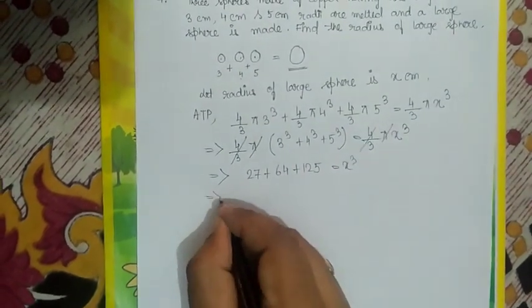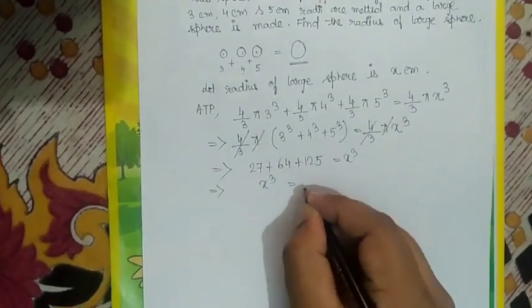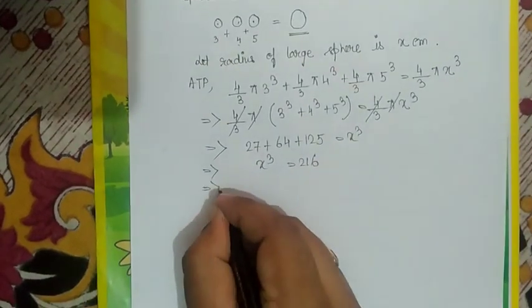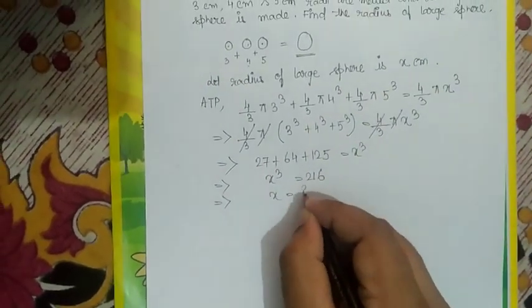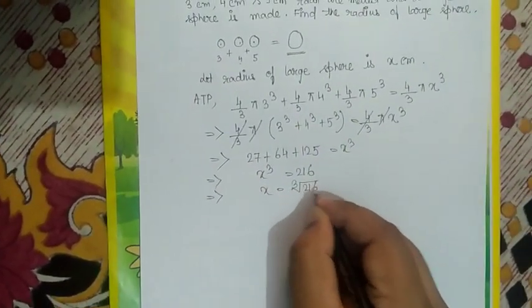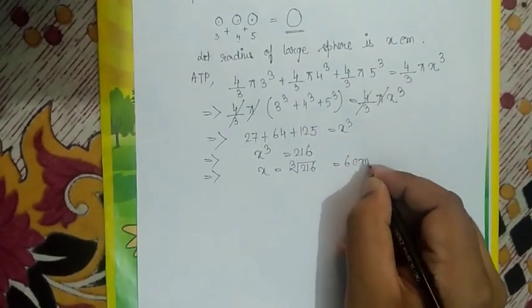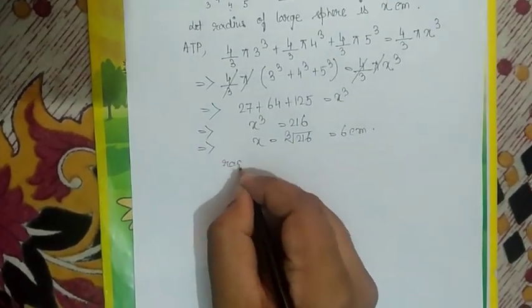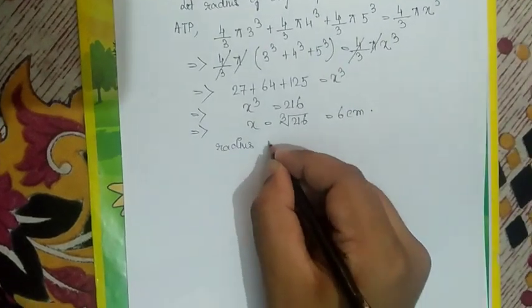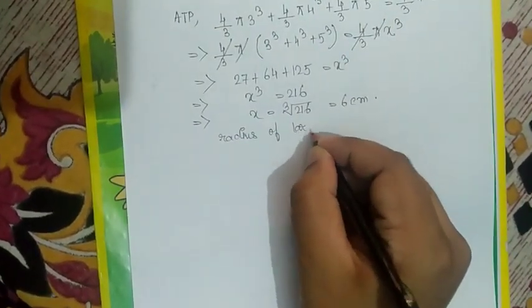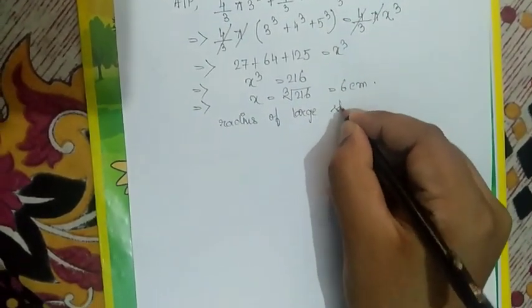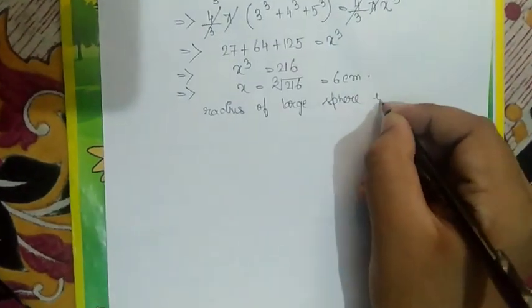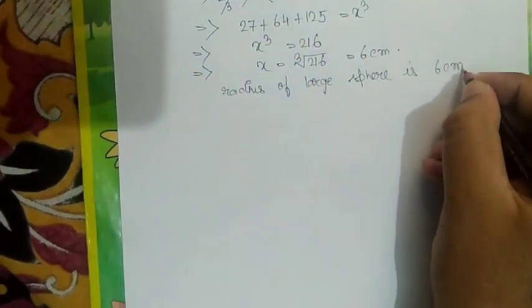So therefore x cube equal to 216, x equal to cube root of 216 equal to 6 centimeter. Therefore radius of large sphere is 6 centimeter, of course.